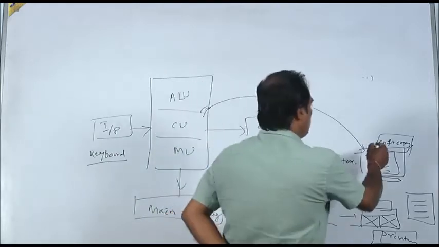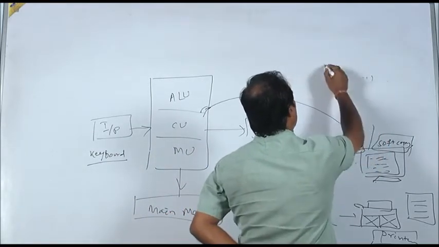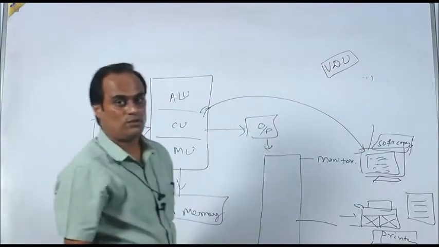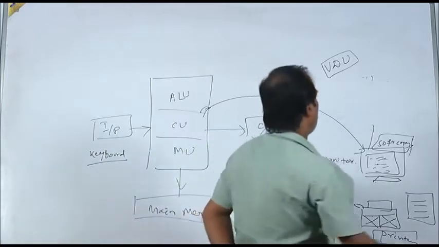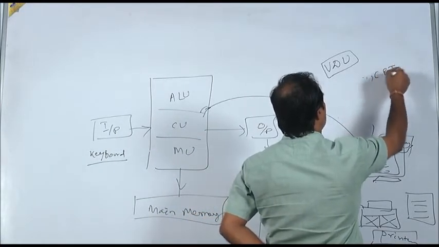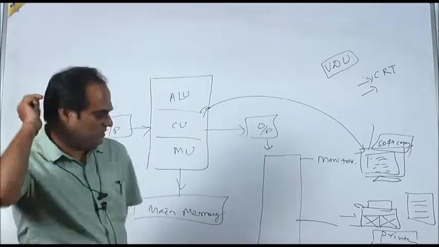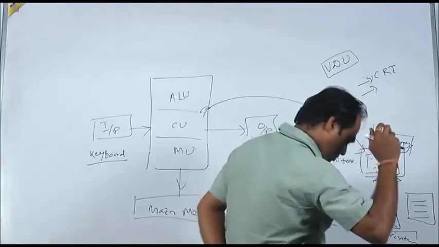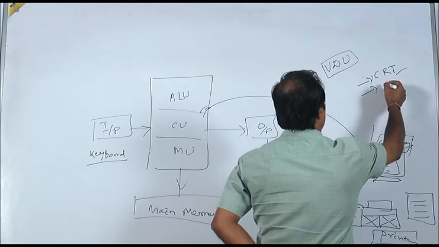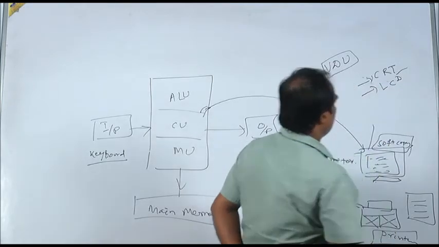Okay. As for the monitor, universally its name is visual display unit, yes or no. When the visual display unit started, initially it was the CRT monitor. What is that? CRT, cathode ray tube, yes or no. Next we came to LCD, liquid crystal display.